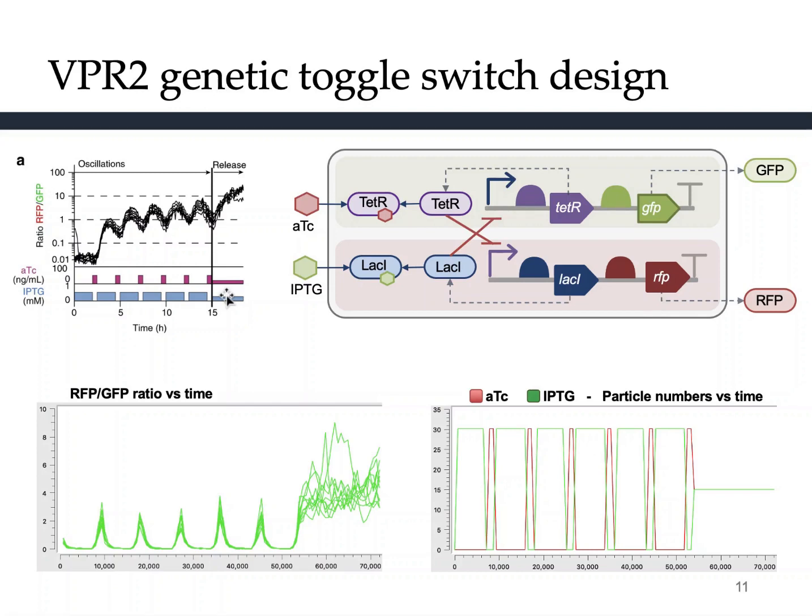In fact, after 15 hours of simulation time, our model also observed a similar behavior, favoring the RFP production. We were able to show the reusability of biological models that are parameterized with data from one study to simulate a design from another study.